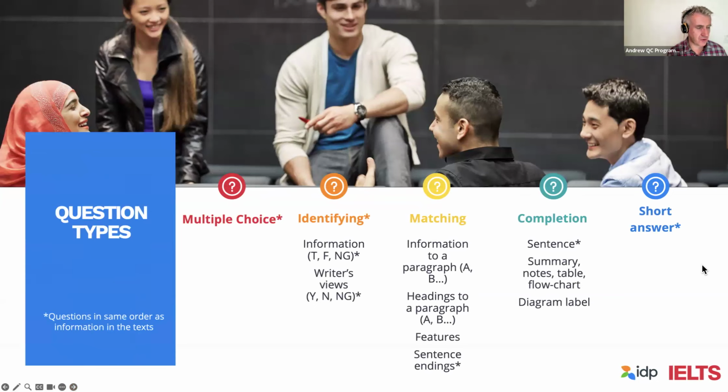So there are 40 questions based on 3 reading passages with a total of 2,200 to 2,750 words.